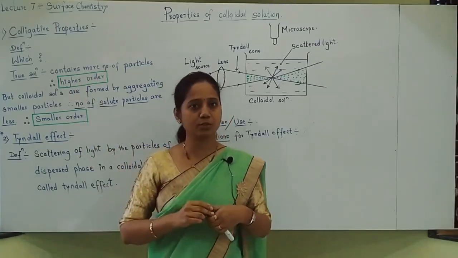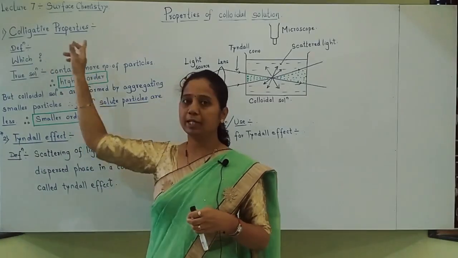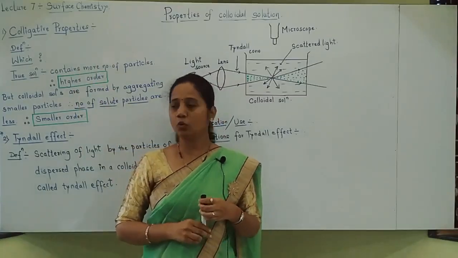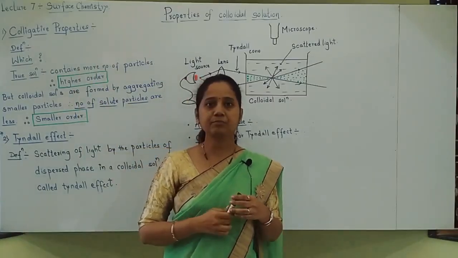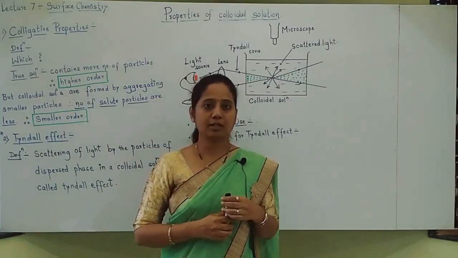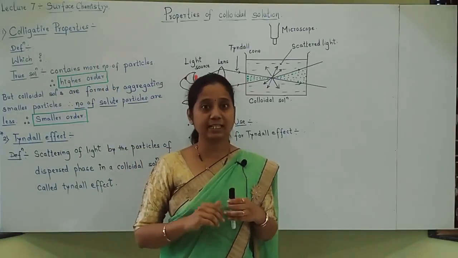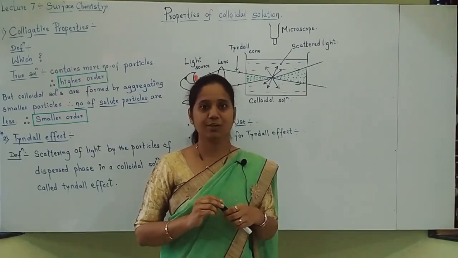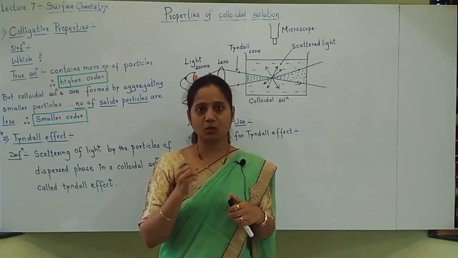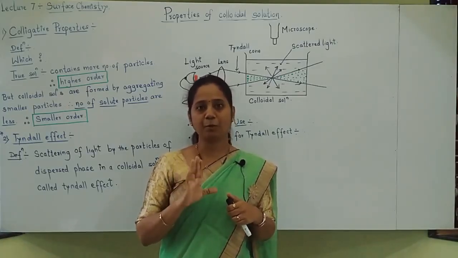First property of colloidal solution here is colligative properties. Colligative properties we have already studied in detail in the second lesson, solutions. So let us revise quickly. What are colligative properties?